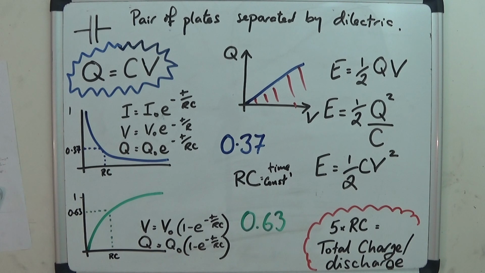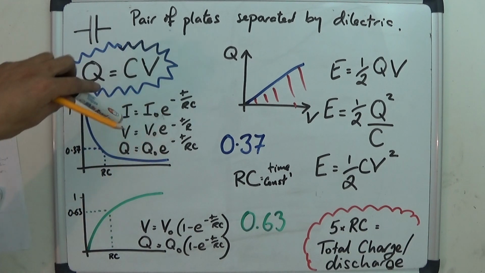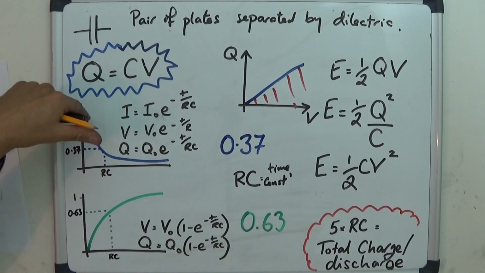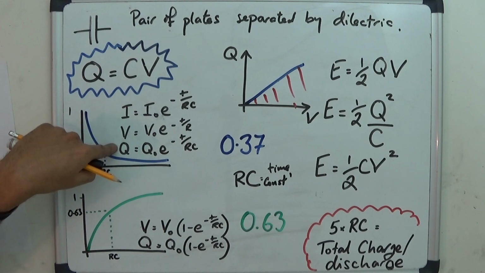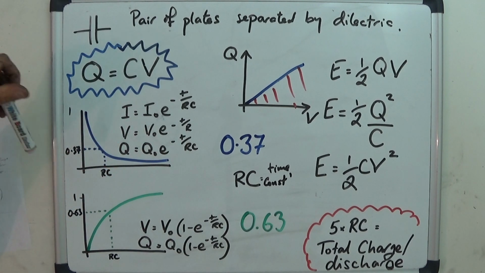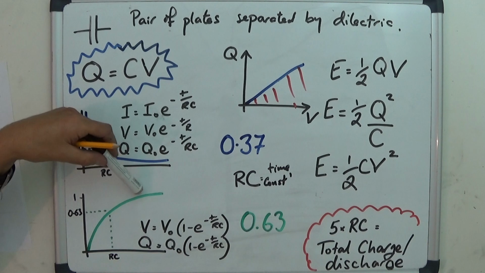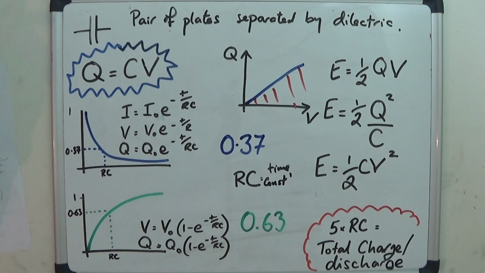Right, I think that's it. The last thing to say, which I haven't mentioned, is that in theory, thinking about the discharging cycle, as this gets less and less, there's less potential difference, so it's driving less charge and less current off, so it should theoretically never get to zero. Similarly, it should never truly fully charge.